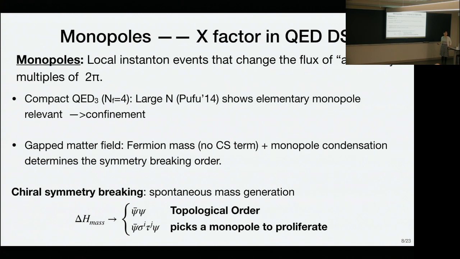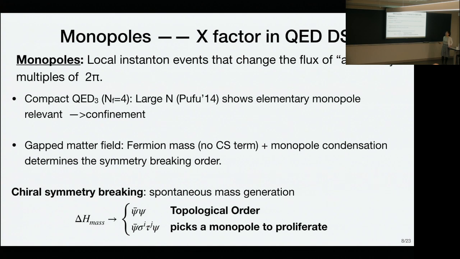Monopoles describe such instanton events that are locally inserted and change the total flux by multiples of 2 pi. An elementary monopole changes the flux by 2 pi exactly.